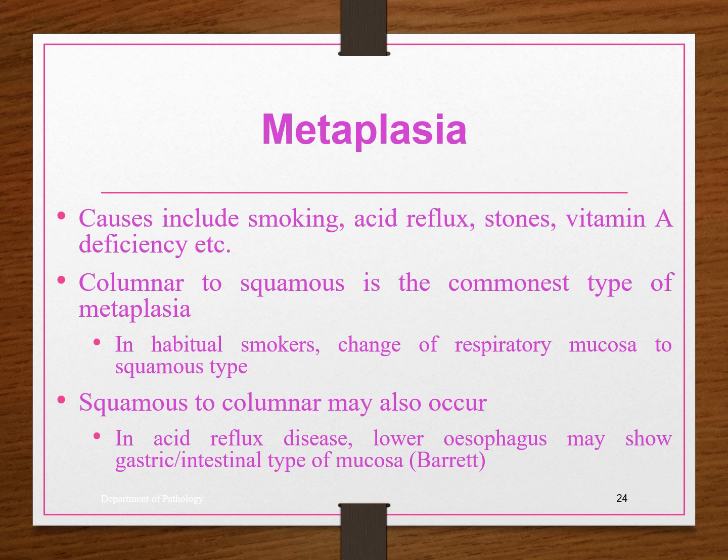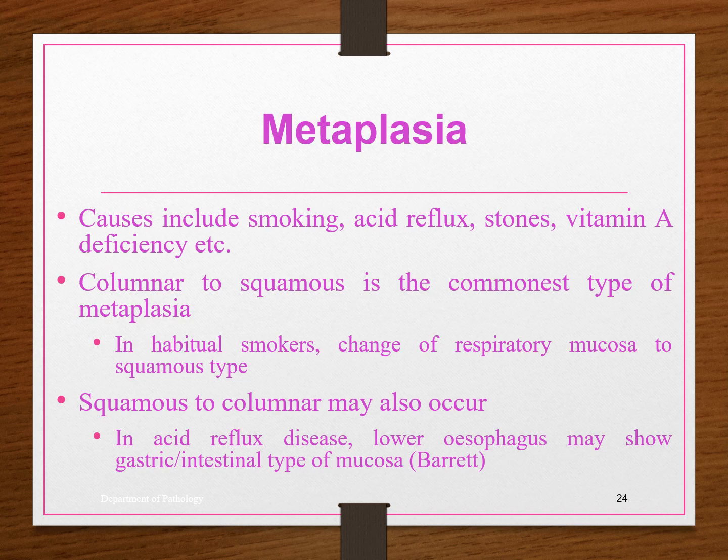Cigarette smoking, columnar to squamous conversion. Squamous to columnar may also occur, and a classical example is acid reflux disease. In this, the lower esophagus may show a gastric or intestinal type of mucosa, which is called Barrett's esophagus.